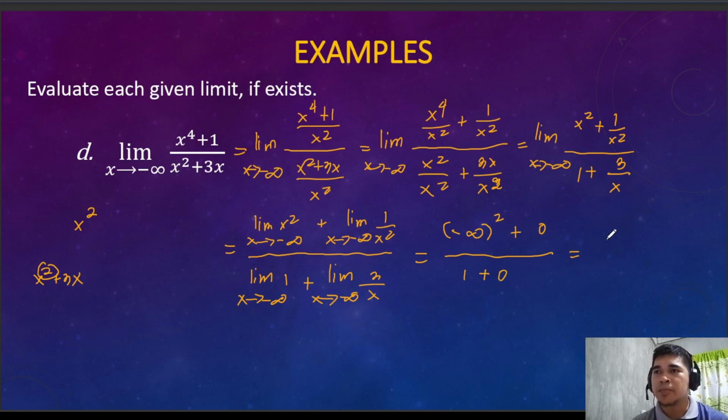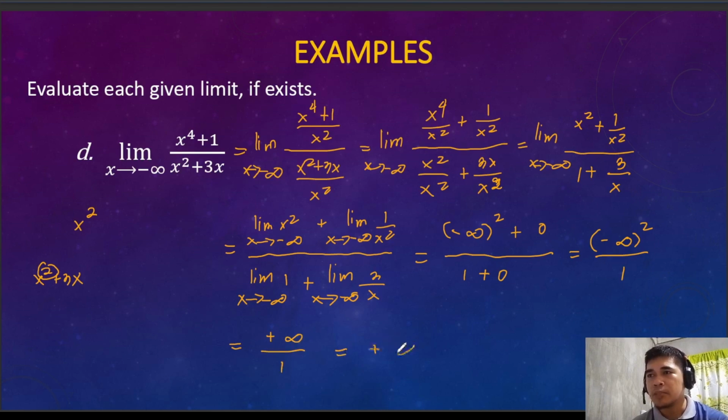So we have the square of negative infinity over 1, right? So what is the square of negative infinity? Of course, positive infinity over 1. So the answer is positive infinity. So the limit of x to the 4th power plus 1 over x squared plus 3x as x approaches negative infinity is positive infinity.